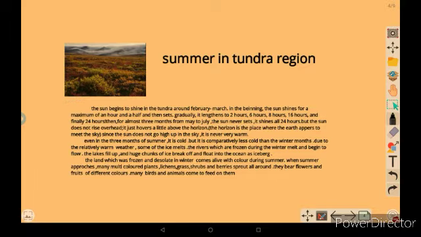Yes, so we get little bits of vegetation, as I said. The small plants can grow when summer approaches. Many multicolored plants, lichens, grass, shrubs and berries sprout all around.